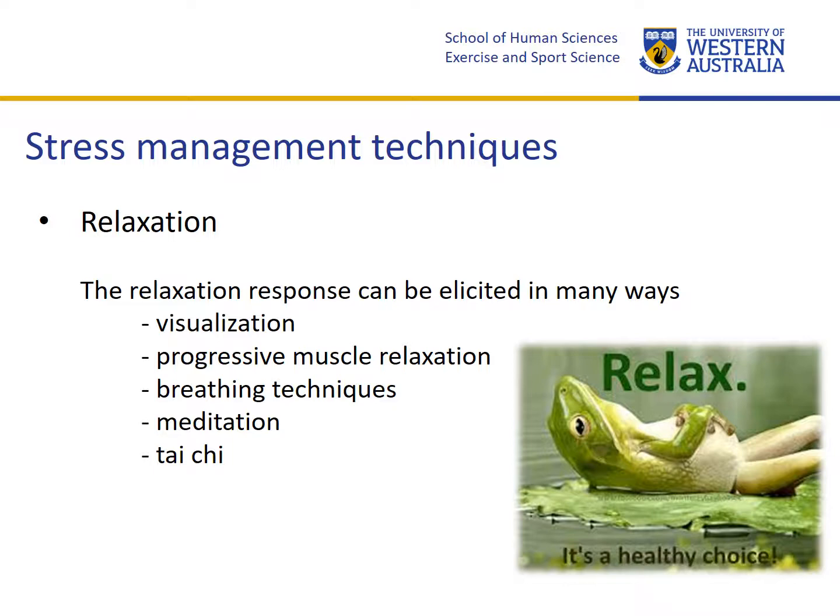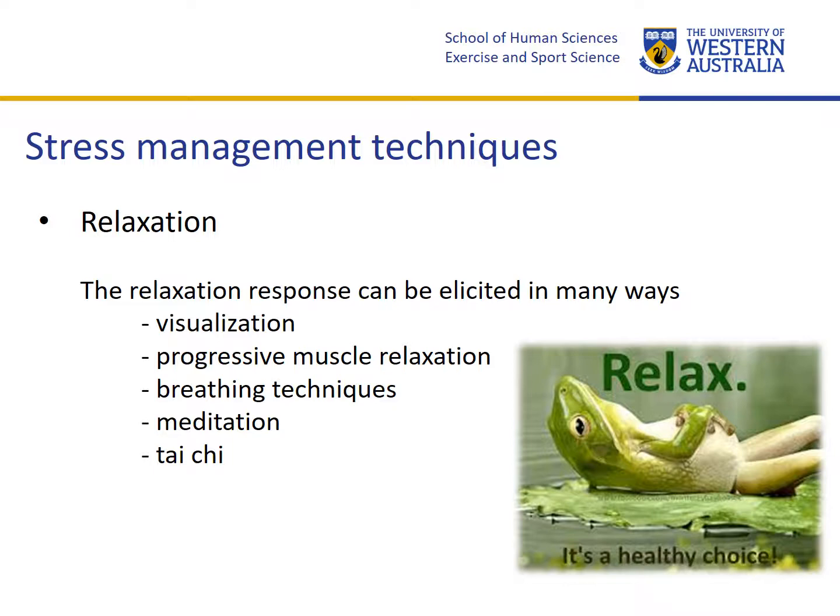You've then got various breathing techniques, which can also be really helpful to elicit relaxation and especially slow the breathing rate down. Some people use meditation to elicit relaxation. And then there's other techniques such as Tai Chi.